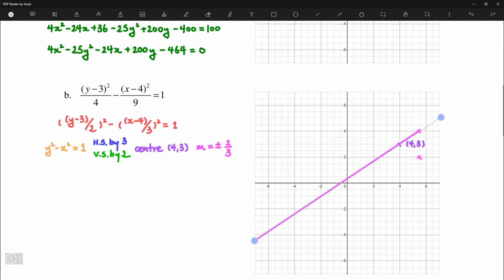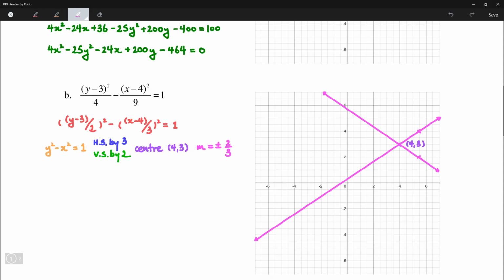And then on the other side, of course. And this time, we will not be including the equations. We can just write it in point slope form, and that's relatively easy to do.